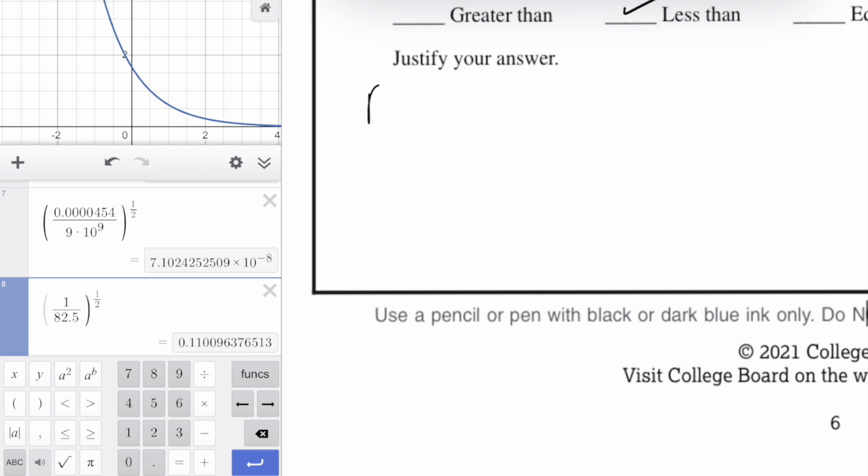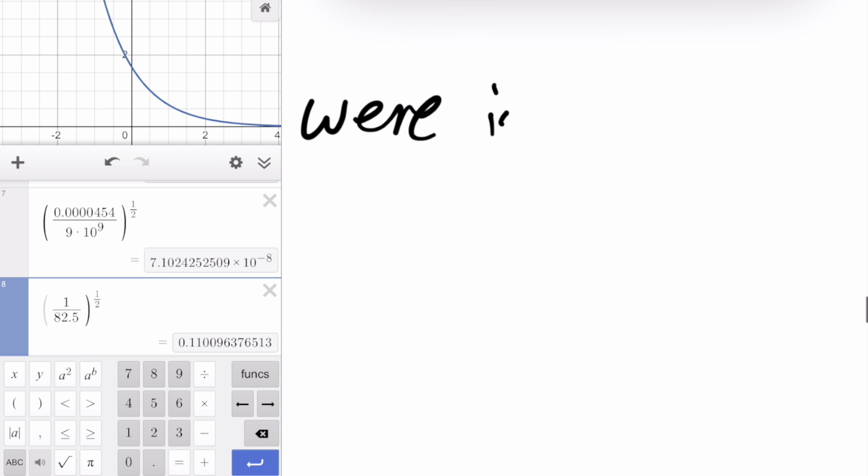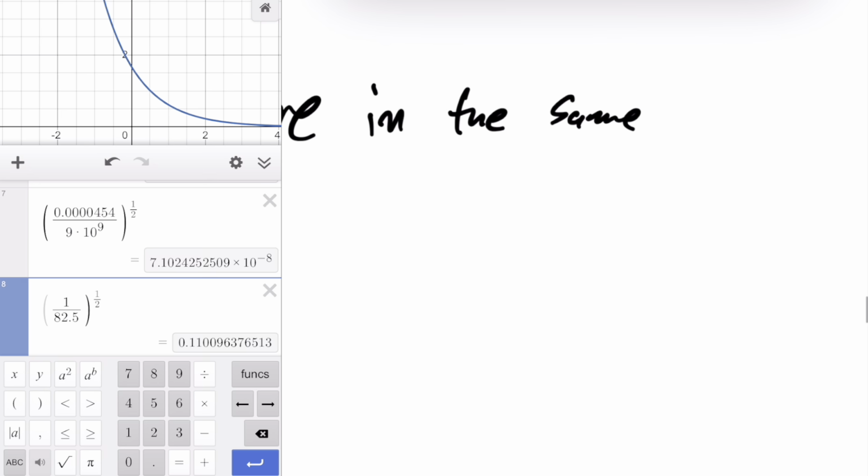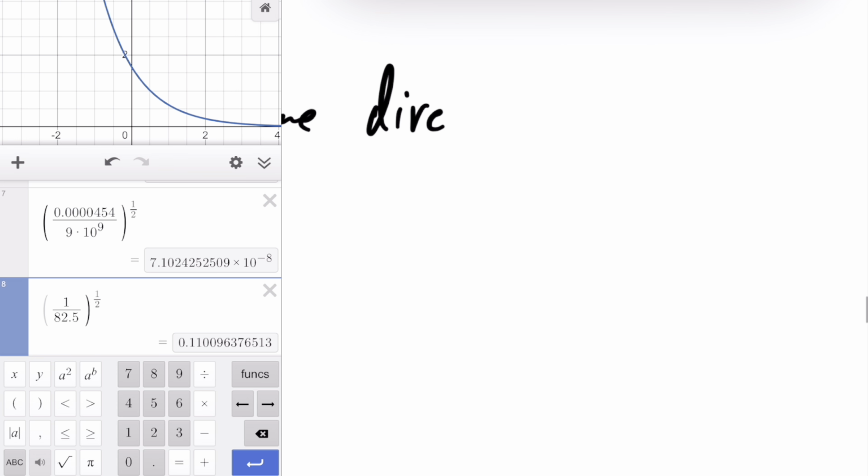So before, Fe and Fg were in the same direction.